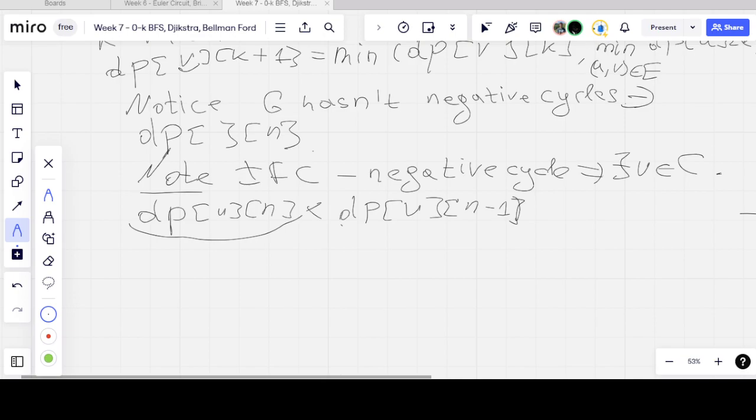It means we pass the cycle and get a smaller value.